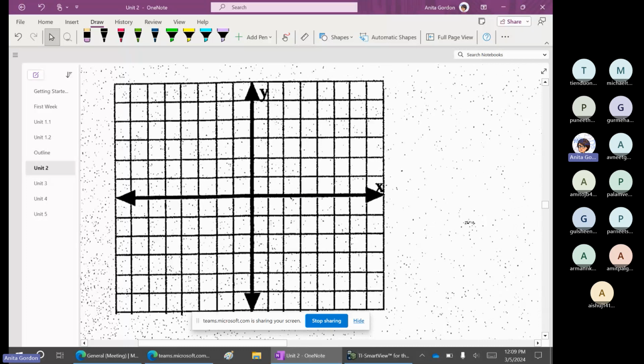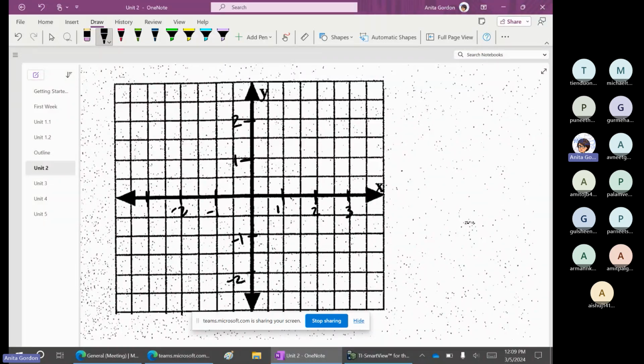I'm going to use my black pen to make my scale. So every 2 boxes is going to be 1. Negative 1, negative 2. Same with the horizontal direction. This will be 1, 2, 3, negative 1, negative 2.